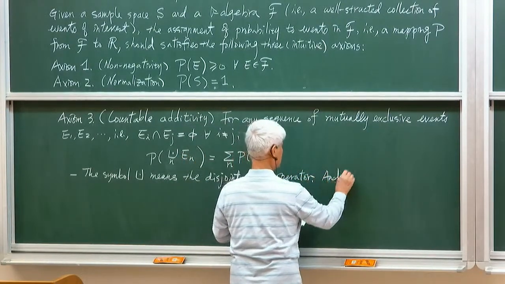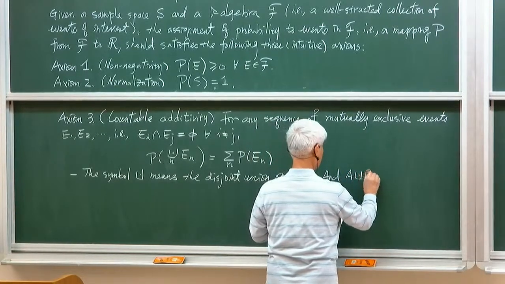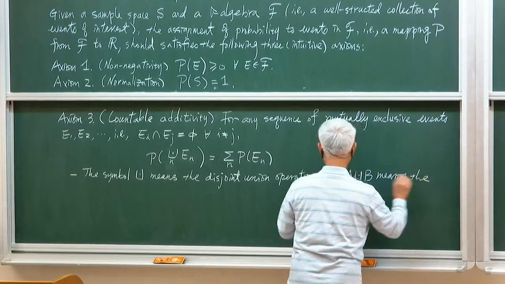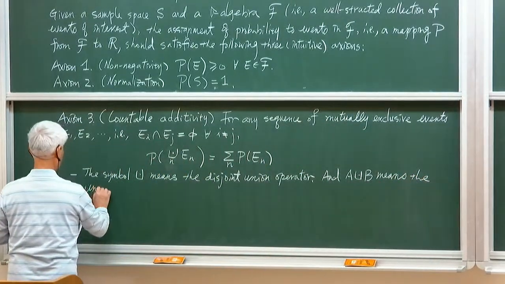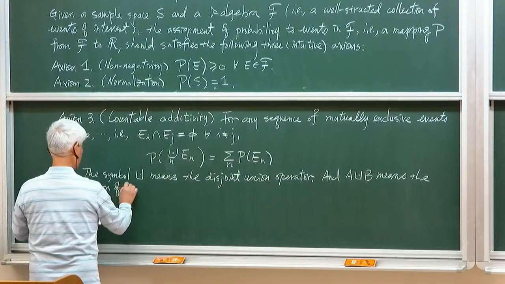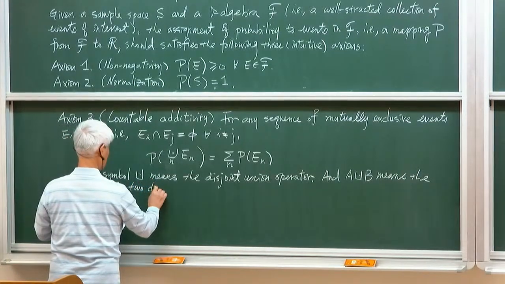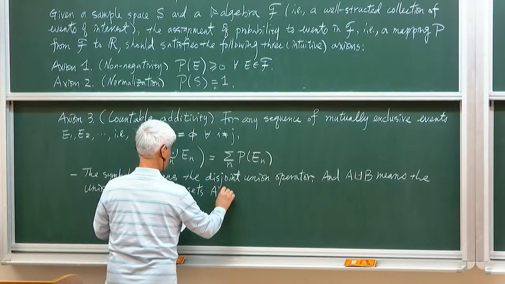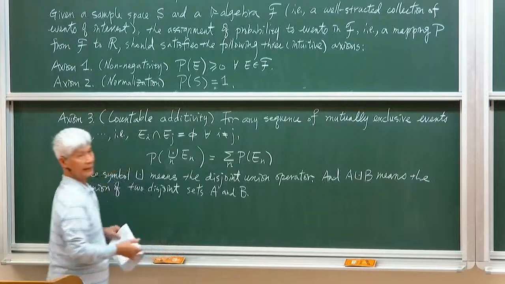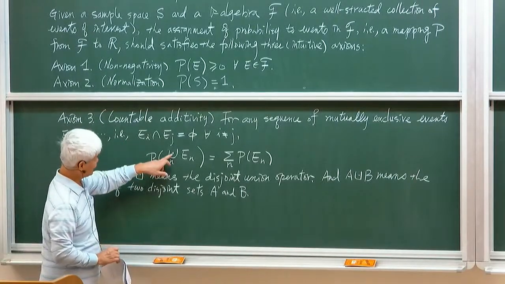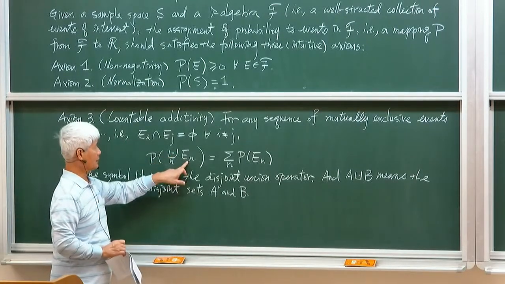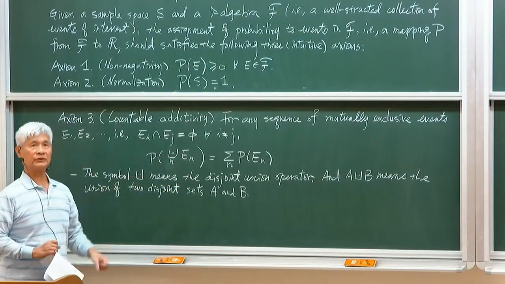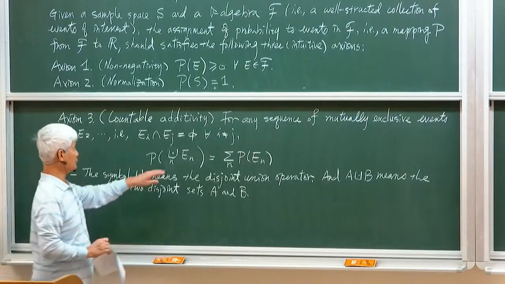We say A disjoint union B means the union of two disjoint sets A and B. So whenever we see this disjoint union, we mean that all these events are disjoint from each other, and then we take the union.